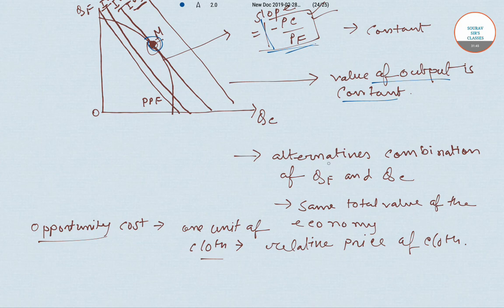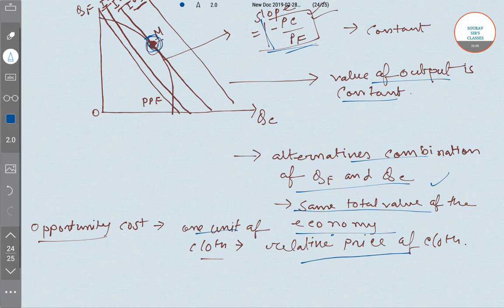There are alternative combinations of QF and QC which give the same total value of the economy. It talks about the iso-value line, and the opportunity cost is what? One unit of cloth must be equal to the relative price of cloth. So at this point, the opportunity cost of one unit of cloth production is equal to the relative price of cloth.